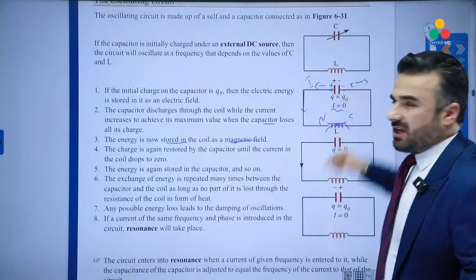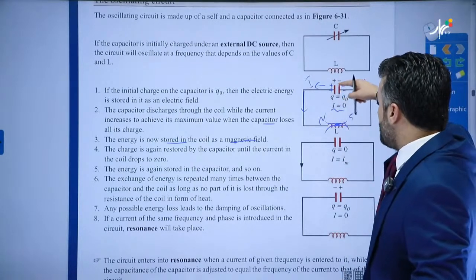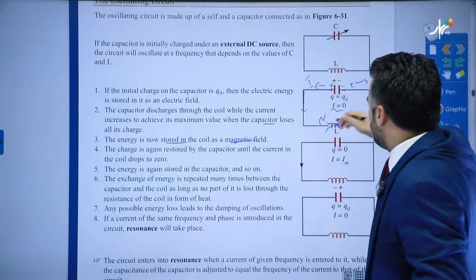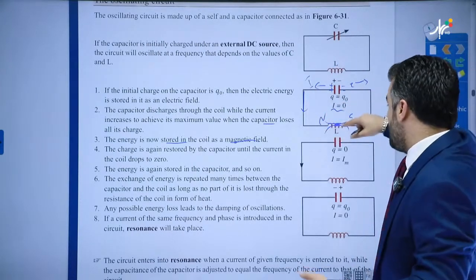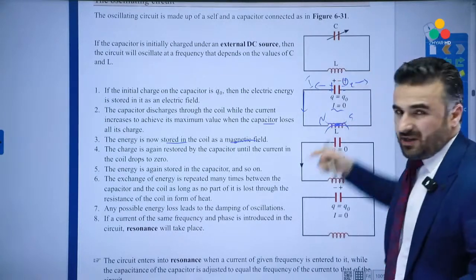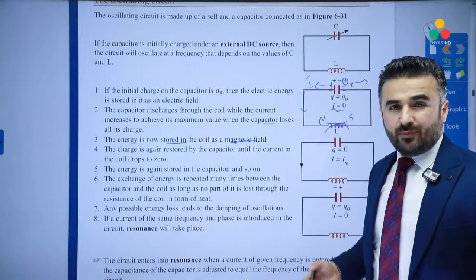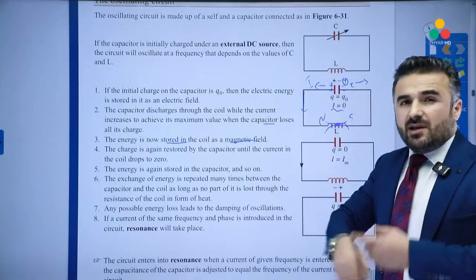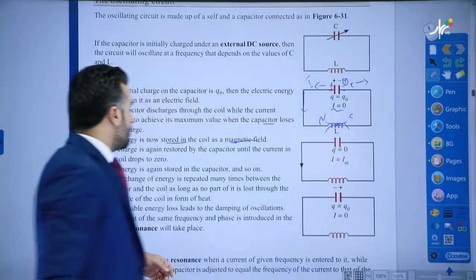It will be stored on the capacitor plates again, but there is one difference here. If the first time this side of the plate were positive, after the energy went onto the coil, this time the other side is going to be positive and this side negative. So the polarity of the charge on the two plates will be different, to make sure that the oscillation continues back and forth between the capacitor and the coil.